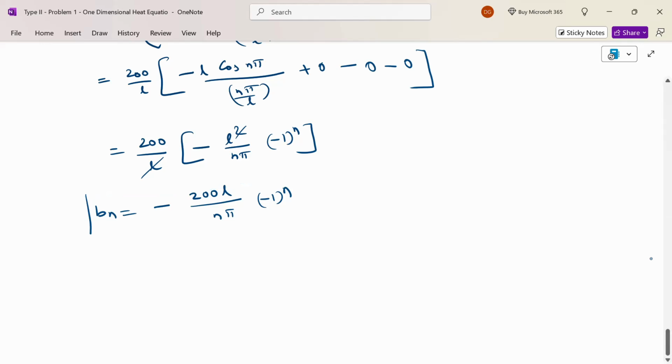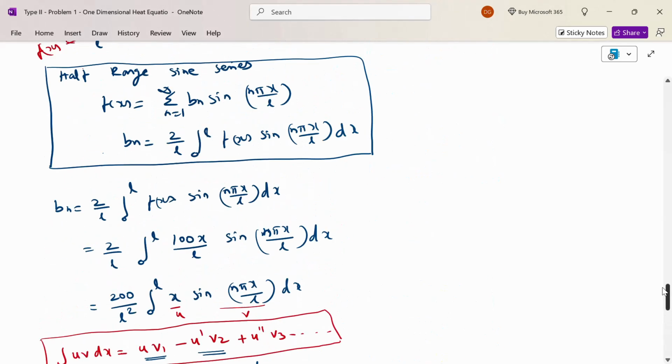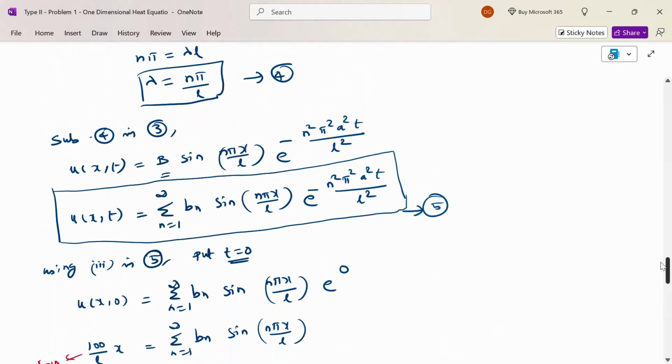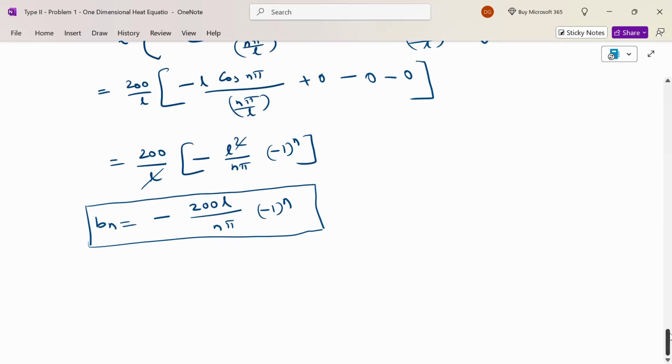Now we substitute this bn value into the previous equation. What is the previous equation? Equation 5. Substitute this equation 6 in 5.